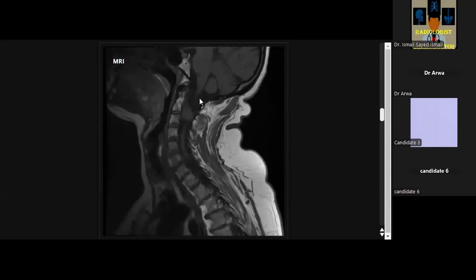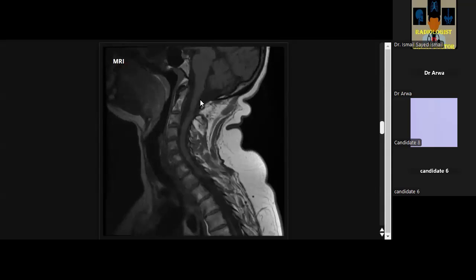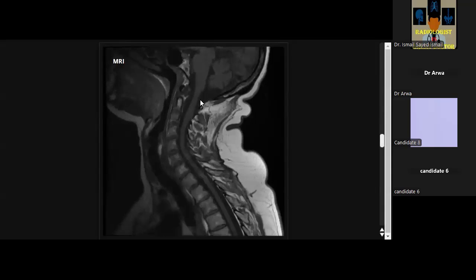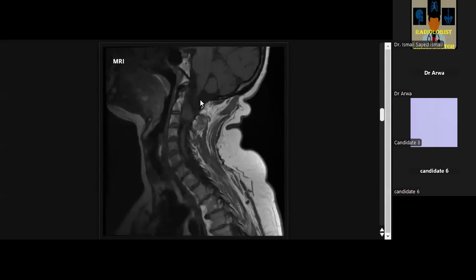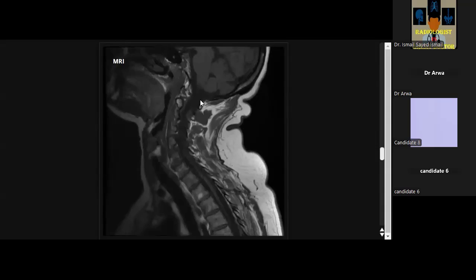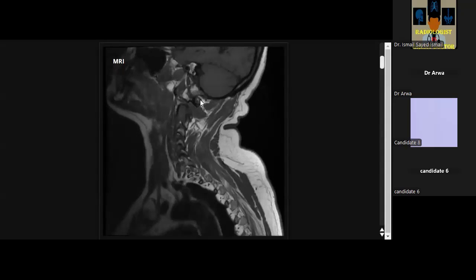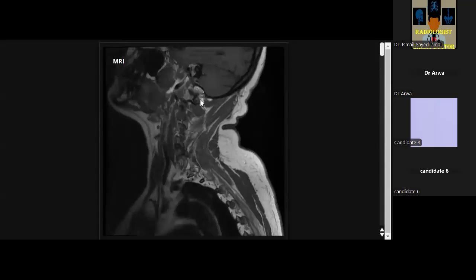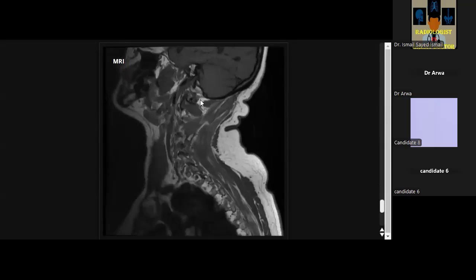Yes, it is extending till the level of cervicomedullary junction. And also it is causing compression of the spinal cord. Better to assess in axial images. Yes, I wanted to check it in T2 and axial sections as well, and this lesion is also involving the neural foramina. Good. I'll give you now the contrast.